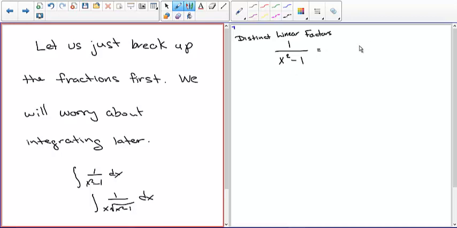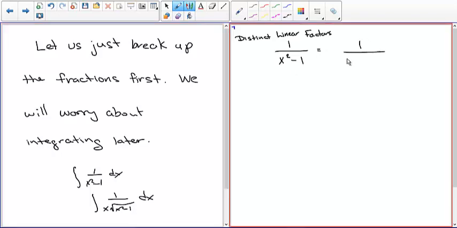So what I'm going to do is factor the denominator. So you'll get x minus 1 and x plus 1. They are distinct because I have two separate answers.